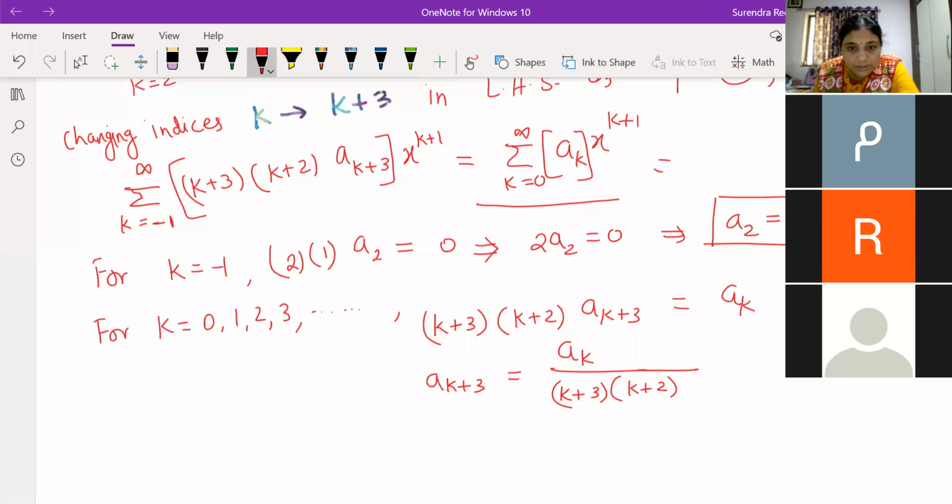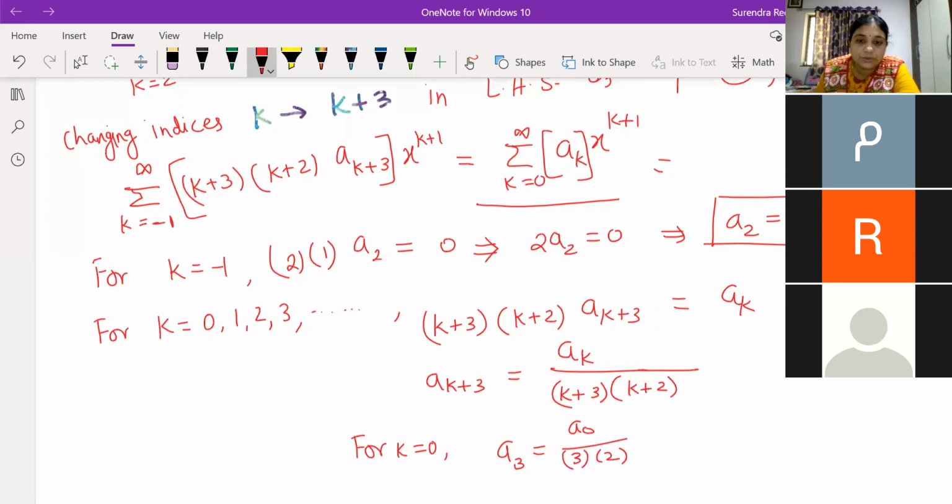So now you can see this is a difference equation. If I know the values of a0 and a1, I can find all values of ak. a2 is already 0. Now for k is equal to 0, I get a3 equal to a0 divided by 3 into 2.